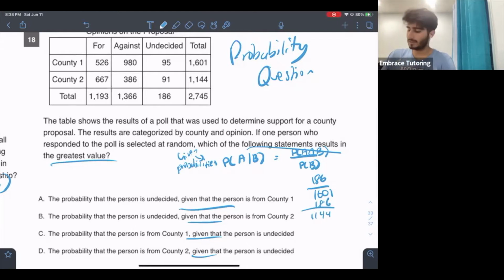Now, given that the person is undecided, 186 is from county 1. Given the probability that the person is from county 1, given that the person is undecided.